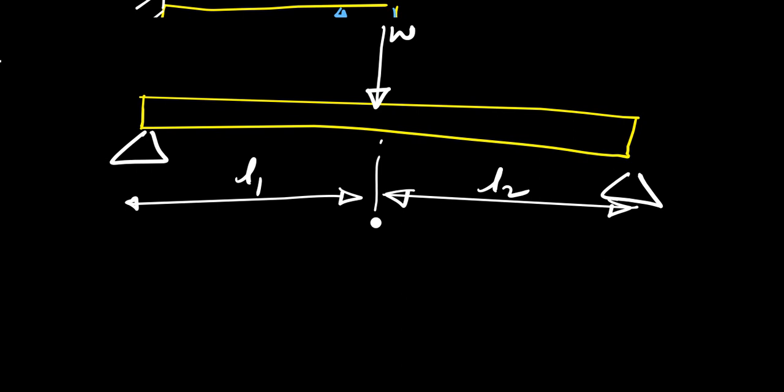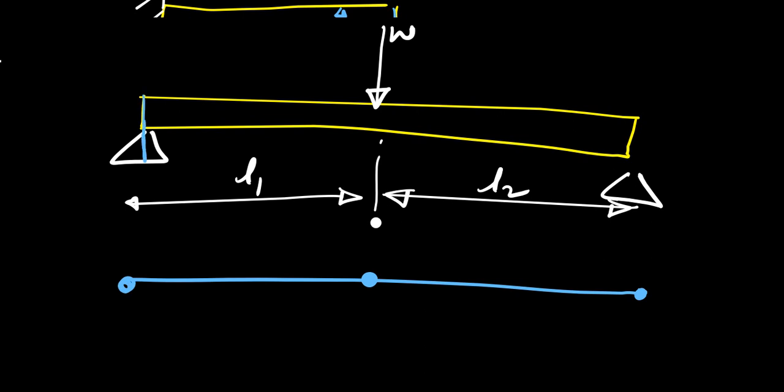Draw a line diagram. At the fixed end, where there is a support, that will be termed node 1. At the other end it will be termed node 2. And at the middle where the load is applied, it depends upon the loading condition.